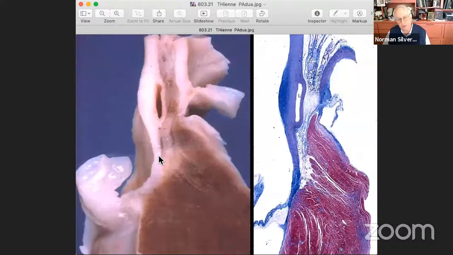And to that end, I would like to, if I may, just share my screen with you and pull this up for you here. And this is a picture from Gaetano Thiene. Gaetano is in Padua. I think he's retired now, but he spent a lot of time looking at coronary anomalies. And I hope you can see this picture well.